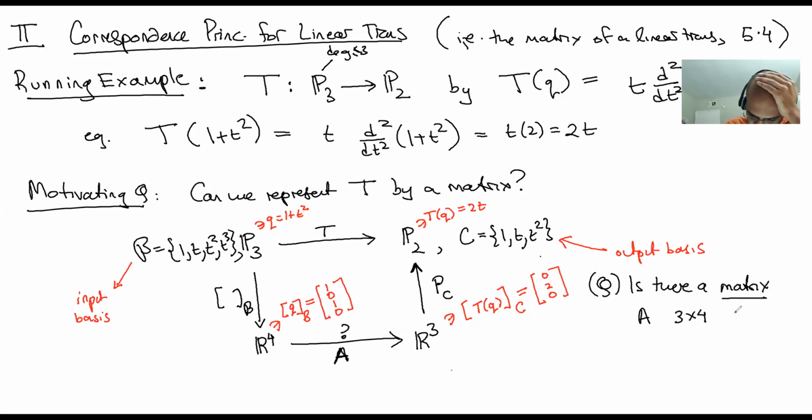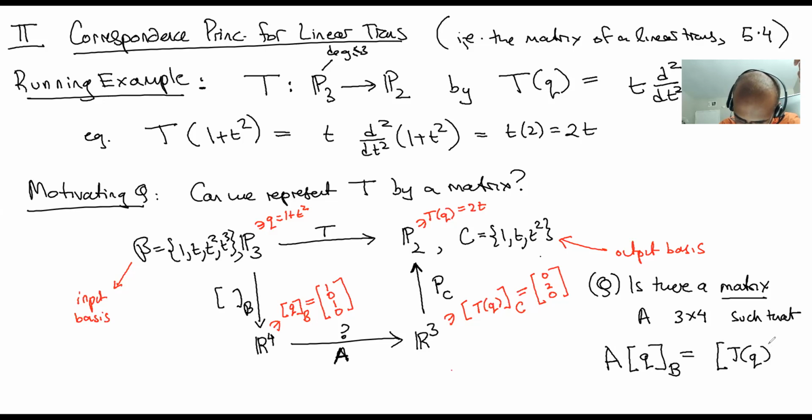Such that the matrix does to the coordinate vectors what the transformation does to the vectors. So we want A times the coordinate vector of Q to be equal to the coordinate vector of T applied to Q in the output basis.